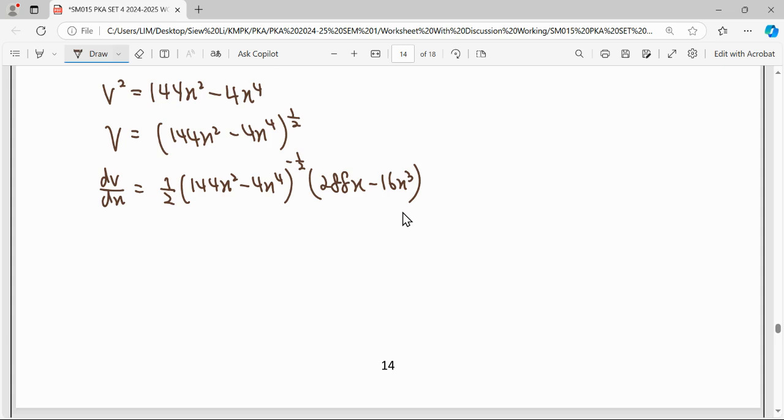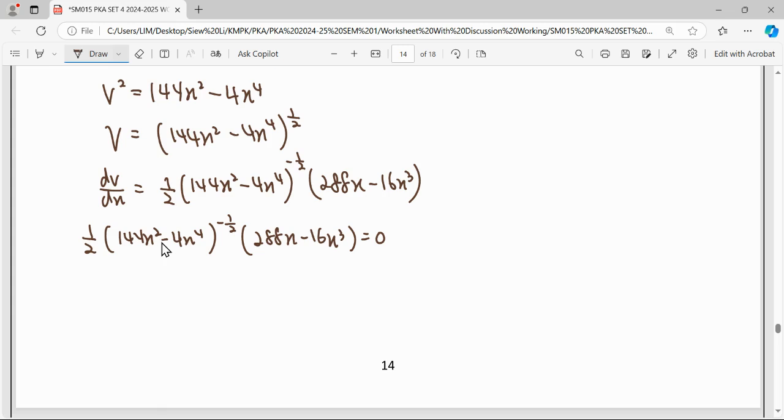Then make it 0. So make this all factor become 0. So 1/2 times 0, 0.